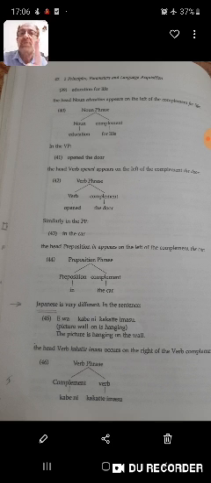Verb, subject, object. And in Farsi, remember, there is a third type of language, which is like this: subject, object, verb. Three types of languages.